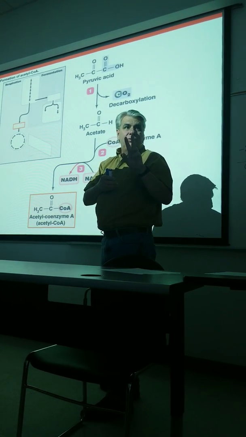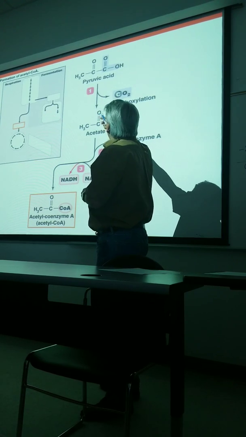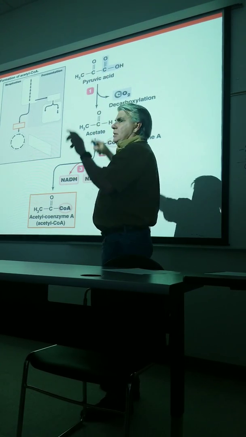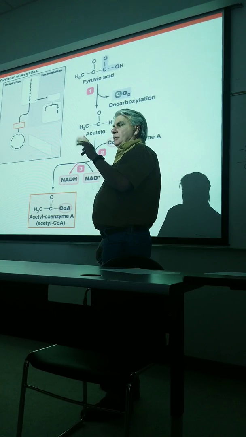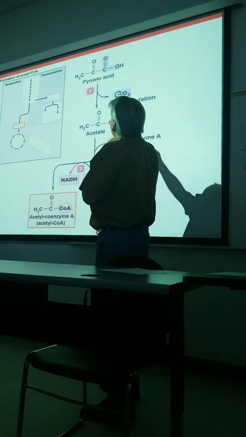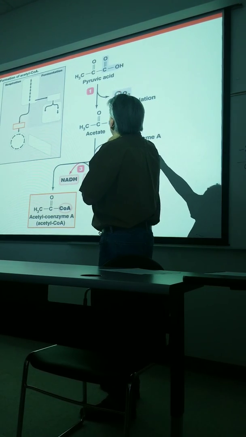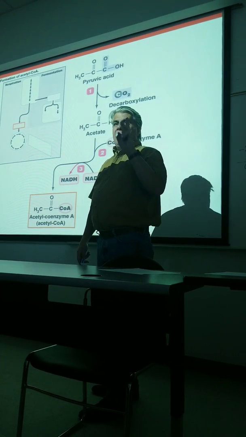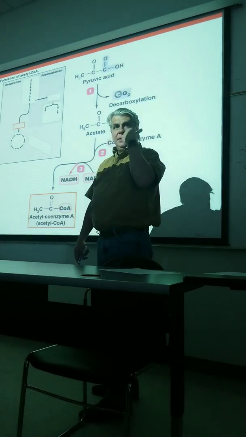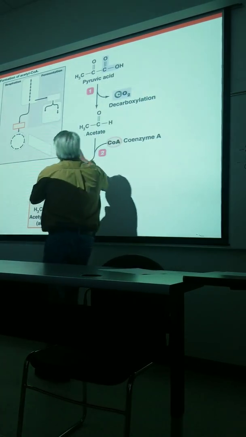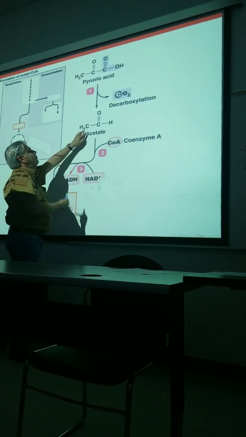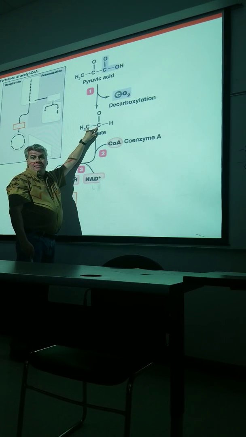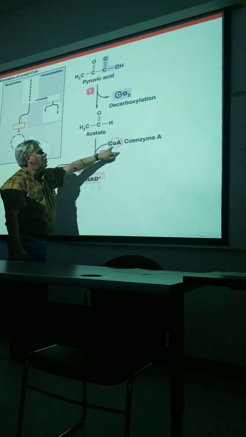That's pyruvic acid. 3 times 2 equals 6. Now you're going to pull off a carbon to make CO2 from both of those. So now it's lost 2 carbons, right? So now you have 2 acetates, which are 2 carbons. Now coenzyme A is going to come in and bind to this.